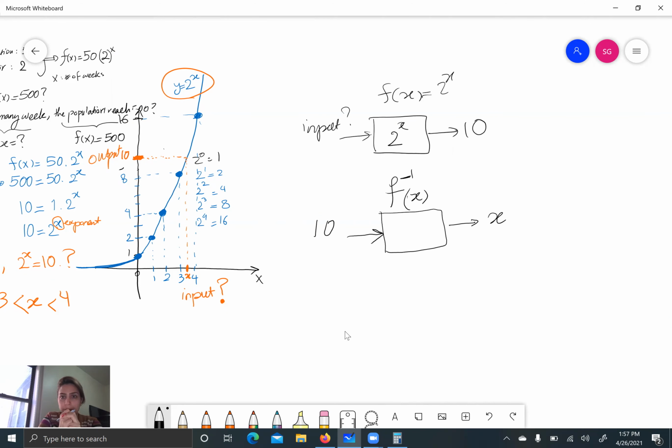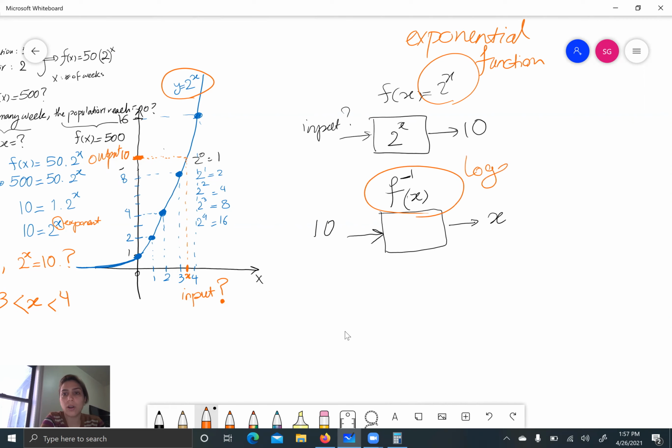So for that reason, we need to define the inverse function of the exponential function, okay? So this is an exponential function, and you see the need to define specifically its inverse function. And the inverse function is called the logarithmic function.